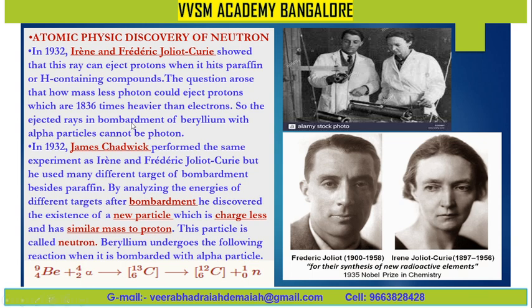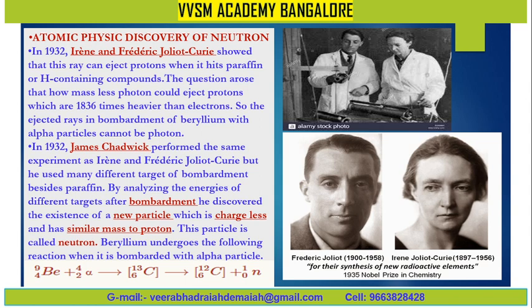Now, James Chadwick in 1932 performed the same experiment as Irene and Frederic Joliot-Curie, but he used many different targets of bombardment besides paraffin. By analyzing the energies from the different targets, he discovered the existence of a new particle which is chargeless and has a mass similar to proton. This particle is called neutron.